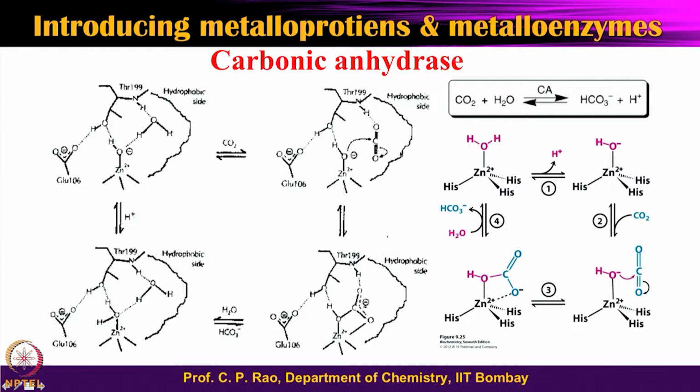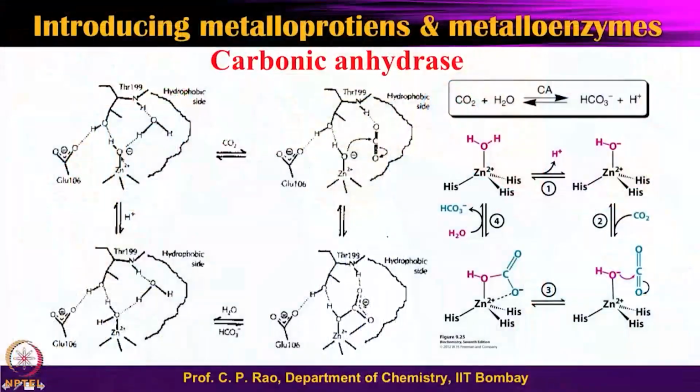Let us look for a while at how you get the zinc hydroxide. Initially you have a water and the water is activated by a neighboring group, basically the glutamate, which will remove a proton and make the hydroxide. You know that hydroxide is a base, but when it is bound to the zinc center, will it be as strong a base as OH minus?